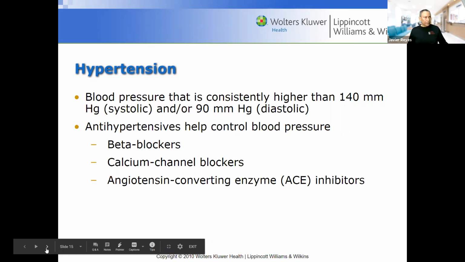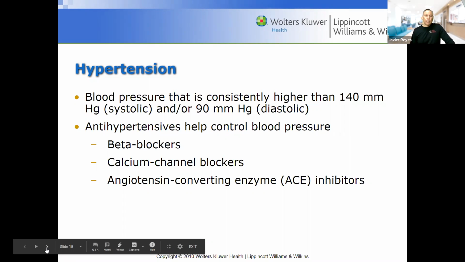Another type is angiotensin converting enzyme inhibitors. So angio means artery. Tensin stands for tension or resistance. It's a very long name. ACE inhibitors are given to patients, again, usually in the beginning stages of high blood pressure.